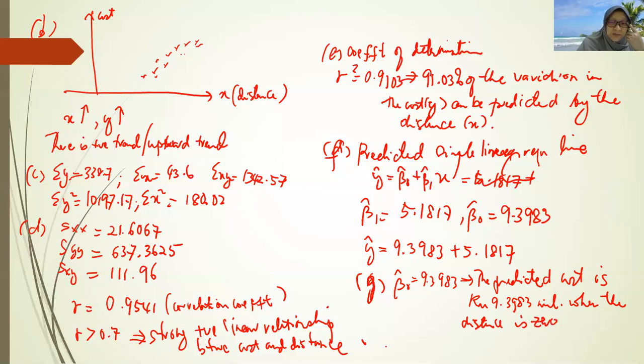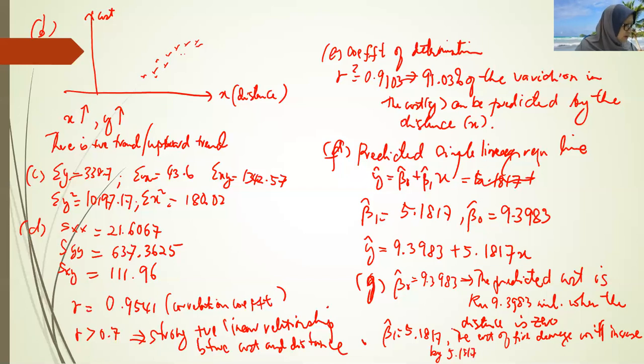Okay, so for beta 1 hat, which is equal to 5.1817, that means the cost of fire damage will increase by 5.1817 million for each kilometer of distance.